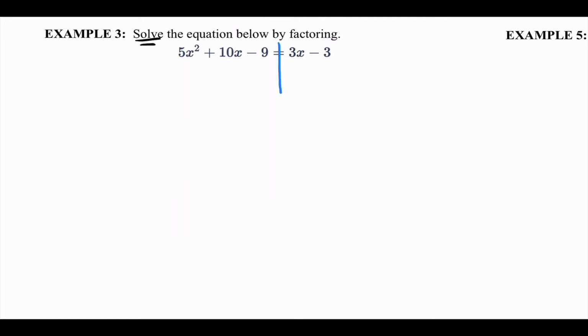So the first thing you need to do is set it equal to 0. Keep A positive. A right now is positive 5. It's already positive, leave it positive. Okay? So that means I'm going to subtract 3x from both sides.